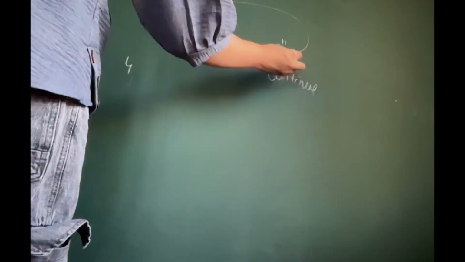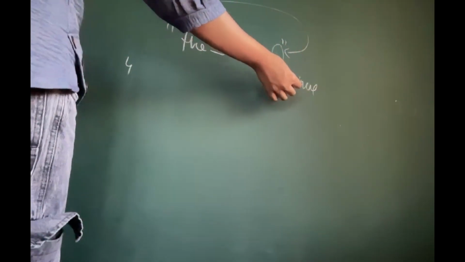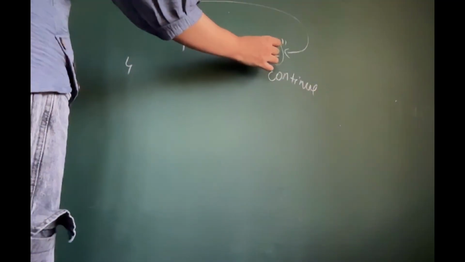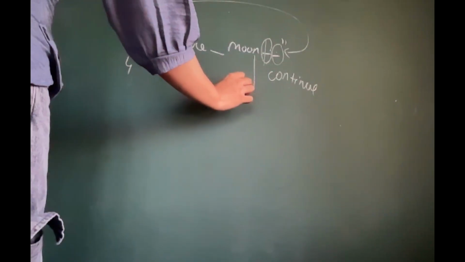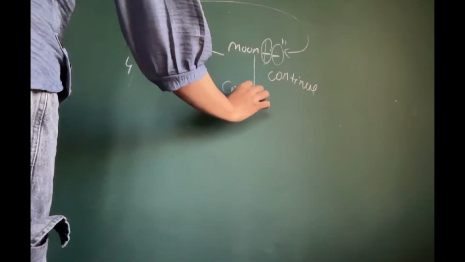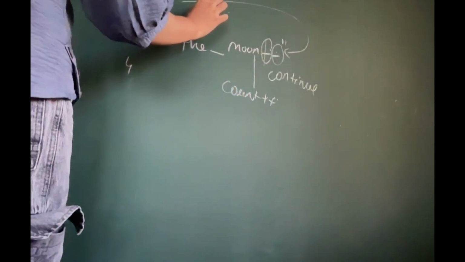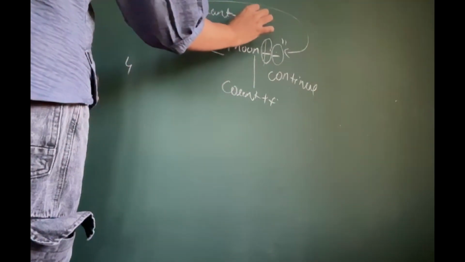We will just check if s of i equals empty space, then continue. We will skip it, and if we don't find an empty space, like here we are getting n, we will just increment our count variable, which we initialize from 0. Let's say count would be 0 initially.